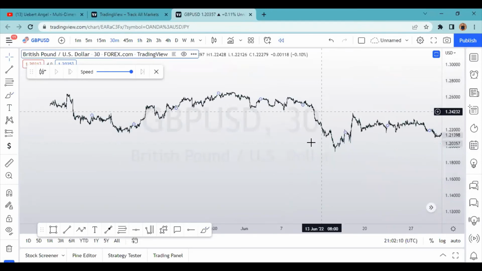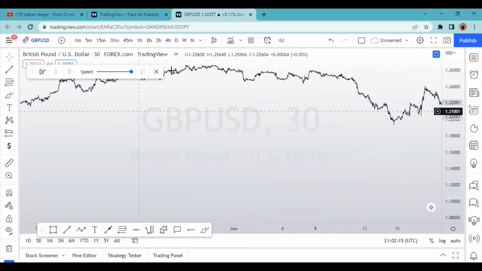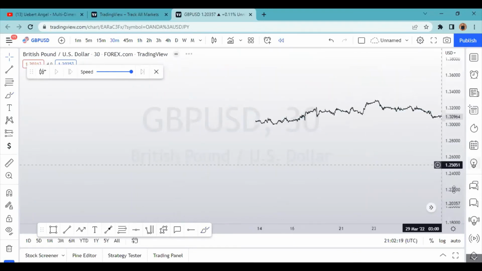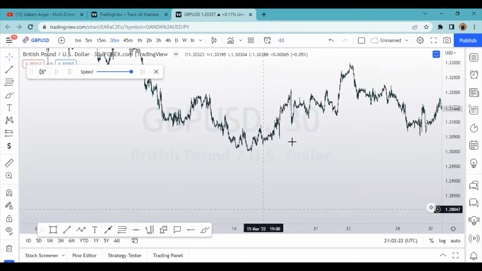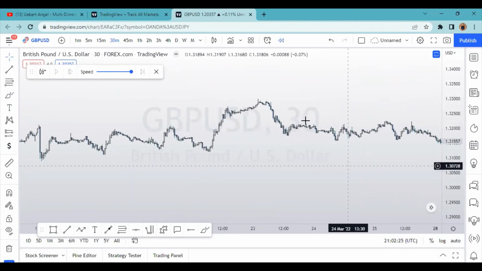So you can stick to one time frame and wait for price to do what it has to do. Just make sure you are patient enough and you know what you are looking for.